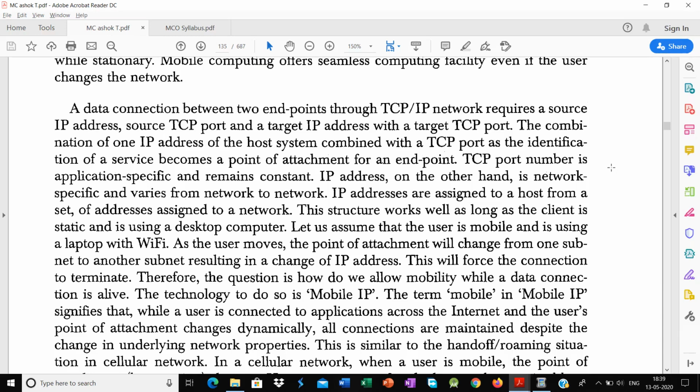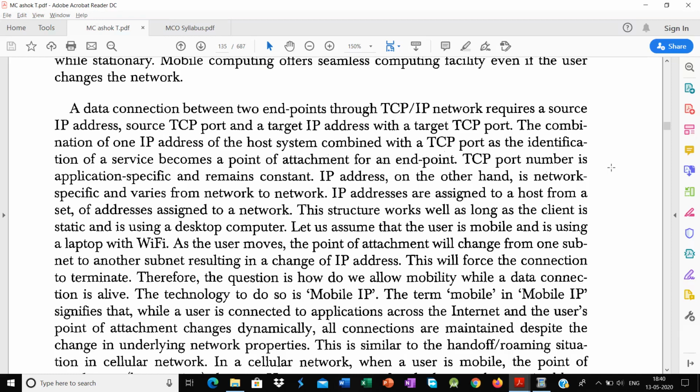provided in your network system. Whenever the situation comes with a mobile system and you are using a laptop or Wi-Fi to provide the network facilities to your mobility system, this point of attachment will change from one subnet to another subnet. Okay, you are moving from one location to another location, so every time your location will change.